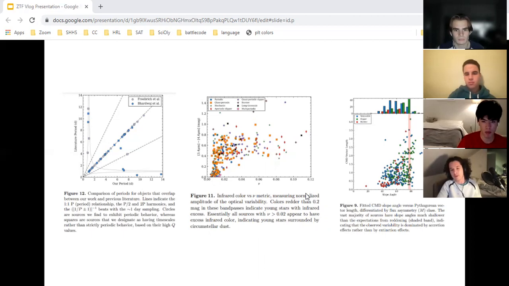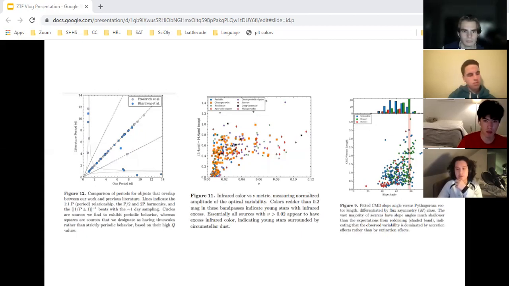And then the third graph to the right: the pairwise KS test showed every pair of angle distributions were statistically significant, and dippers had larger angles, which is consistent with extinction, whereas bursters had shallower angles, which is consistent with accretion.